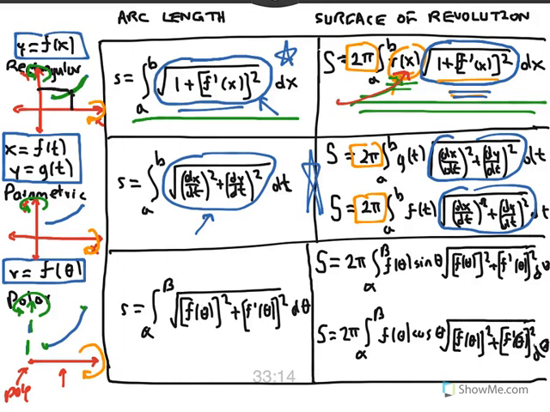So in the first formula here, I will go ahead and label this 1. The axis of revolution is the x-axis. And in the second formula here, I'll label this 2. The axis of revolution is the y-axis. And this particular factor tells us the distance from the axis of revolution to a point on the curve.